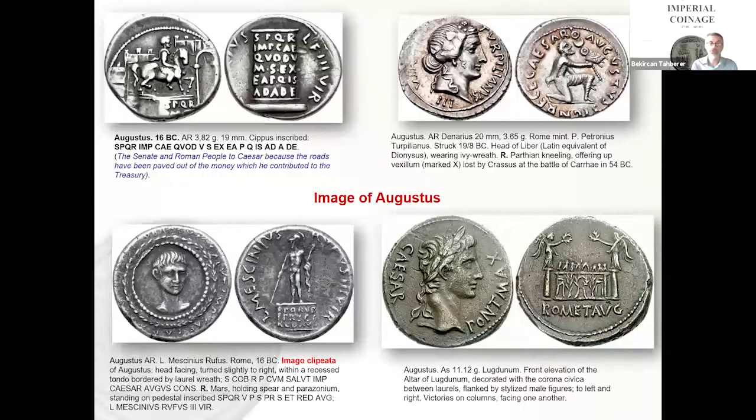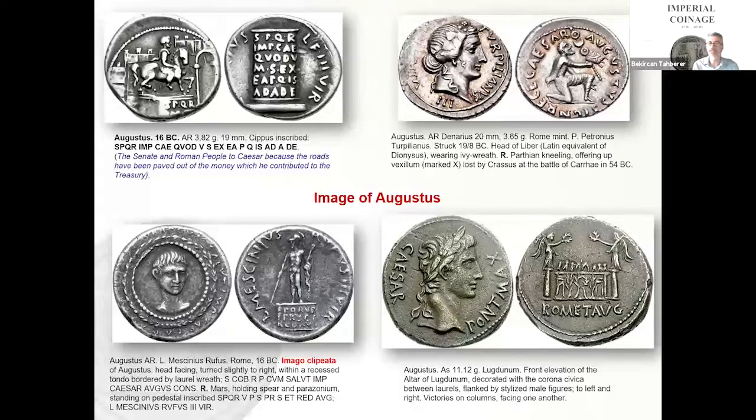And religion, of course, is an important part of his rule. And he is the chief priest. He is the person who protects the rights of the regular people, and he also establishes his religious cult around the Roman Empire.